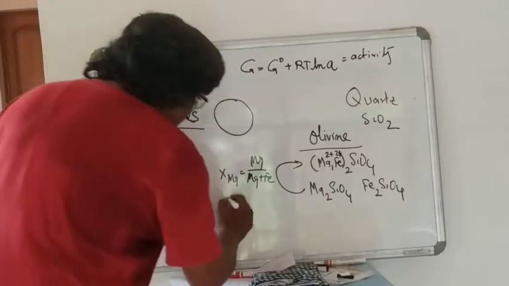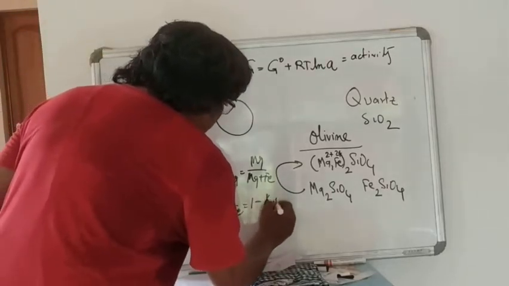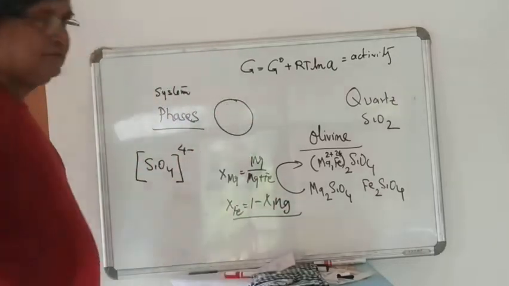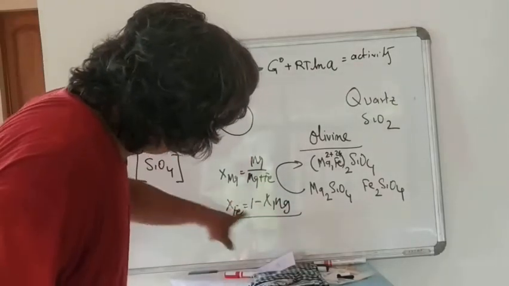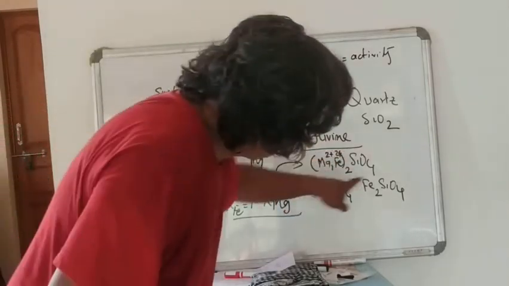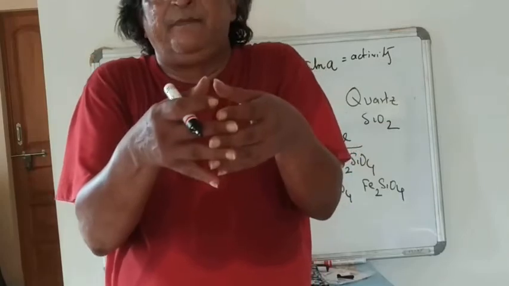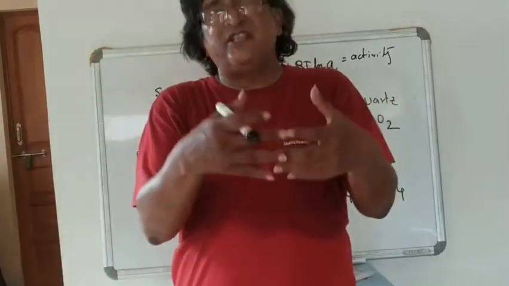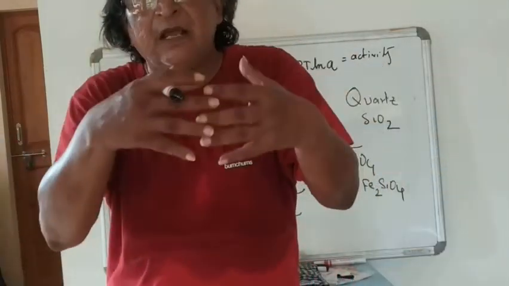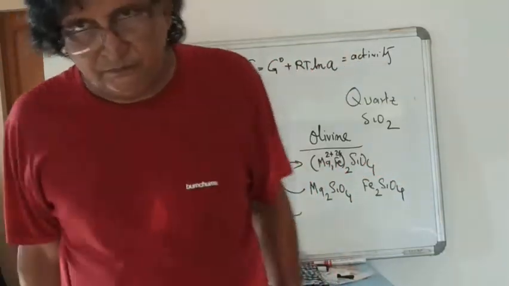And of course, XFe will be equal to 1 minus XMg. So we can define the composition of the olivine in terms of 2 end members. These 2 end members are not mechanical mixtures. These are not salt and sugar, but a chemical compound or a solid solution between these 2 end members.